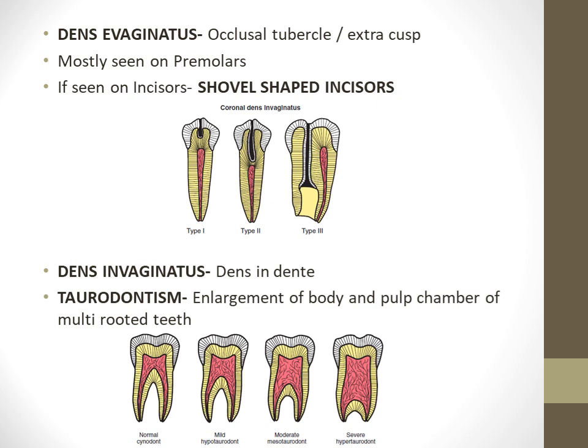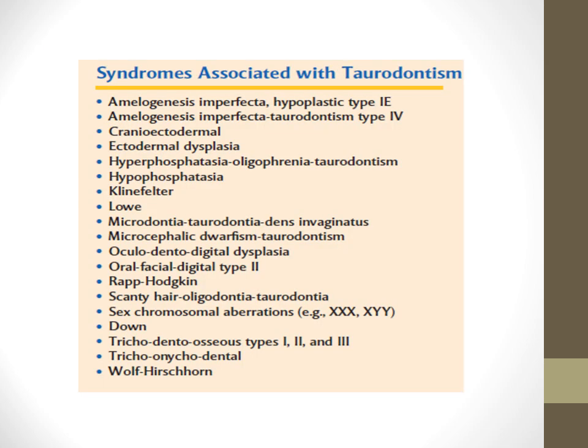Next, moving on to taurodontism. Taurodontism means the body and the pulp chamber are enlarged in multi-rooted teeth. These are the stages of taurodontism: normal, mild, moderate, and severe.